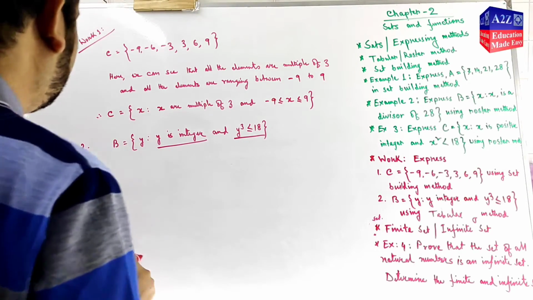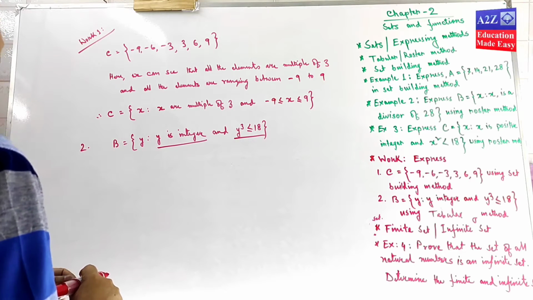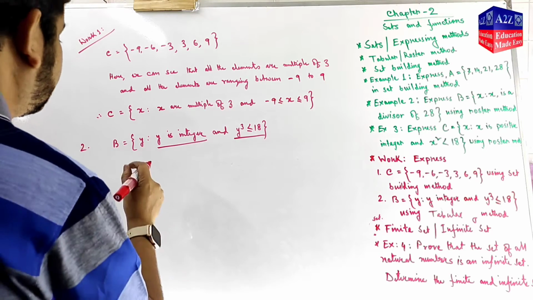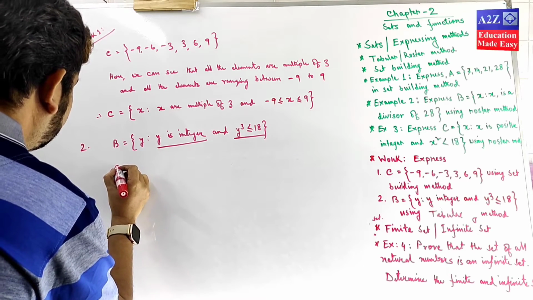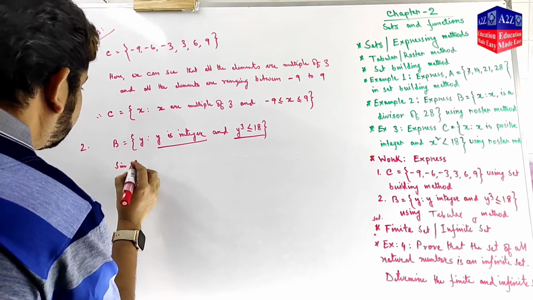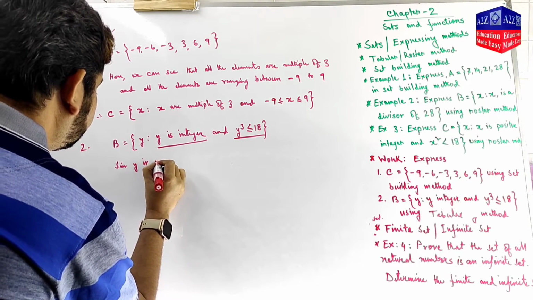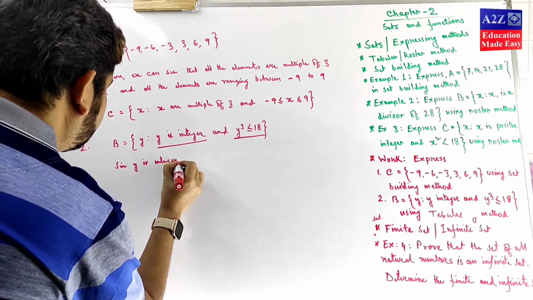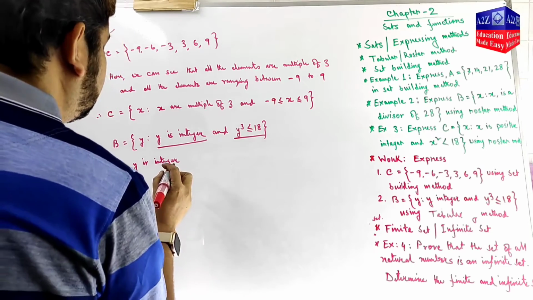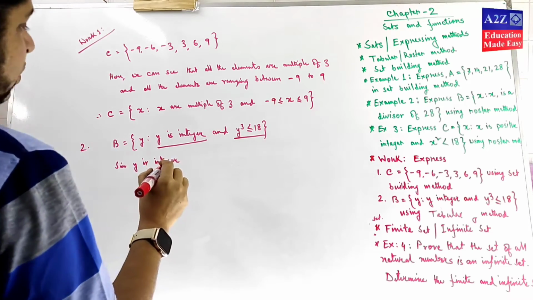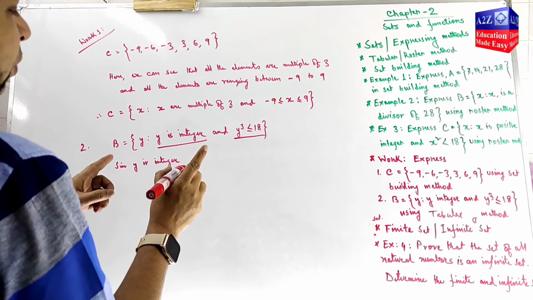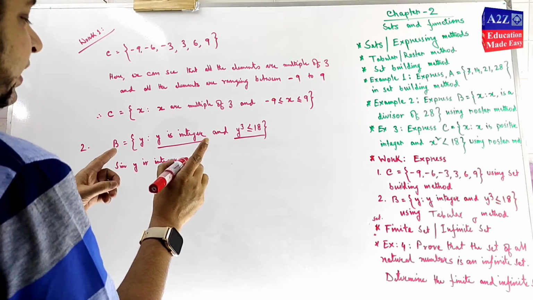So first of all, if I break down these properties into details, since Y is an integer, it is not given that Y is a positive or negative integer. It is only said that Y is an integer.